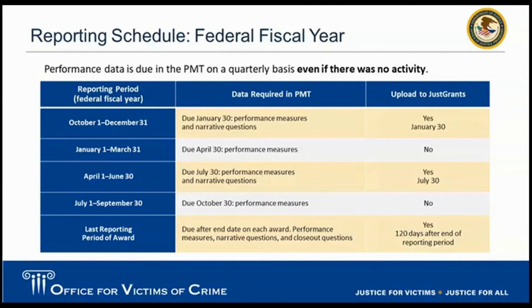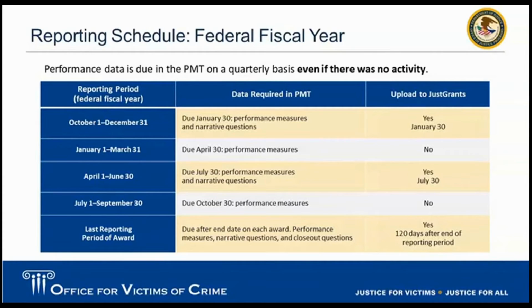Like I said, you have quarterly reporting, so 4 quarters. You see here, there's 4 of them. But you also have semi-annual reporting, where you are reporting twice a year on the narrative questions. And as you see here, your first quarter, you have your semi-annual questions or your narrative questions. And then in your 3rd quarter, which is the April to June reporting period, you will have the 2nd set of questions.